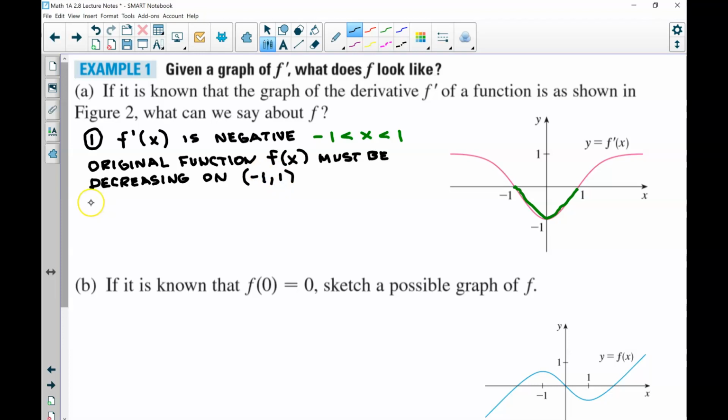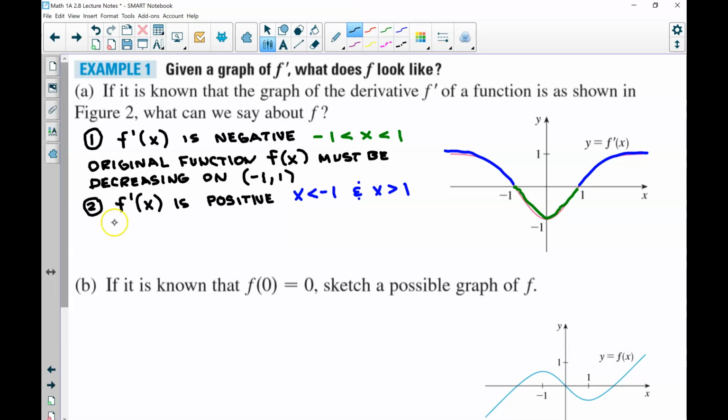Okay, now we can take a look at what happens when f prime of x is positive. Again, let's take a look at what's happening above the x-axis. Well, over here, it's above the x-axis on the left here, in blue here, and it's above the x-axis over here. So that means that it is positive when x is less than -1 and when x is greater than 1.